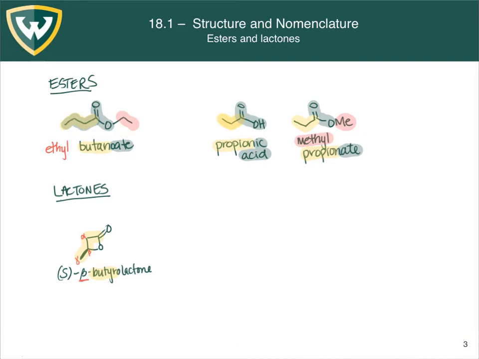And the S is for the stereochemistry at this carbon. This lactone also has 4 carbons, 1, 2, 3, 4. But the oxygen is at the gamma position. So this is gamma-butyrolactone.